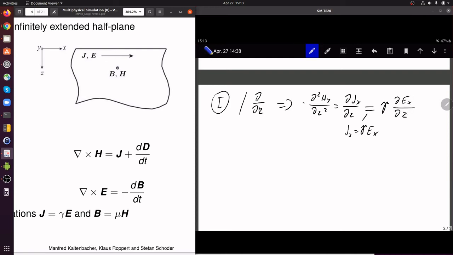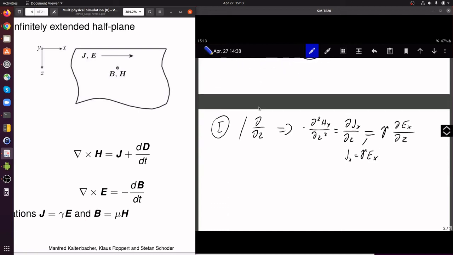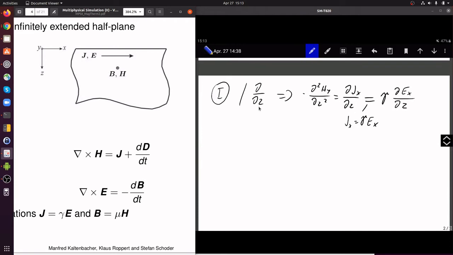Okay, and from Faraday's law, we know that this is minus dBy over dt.